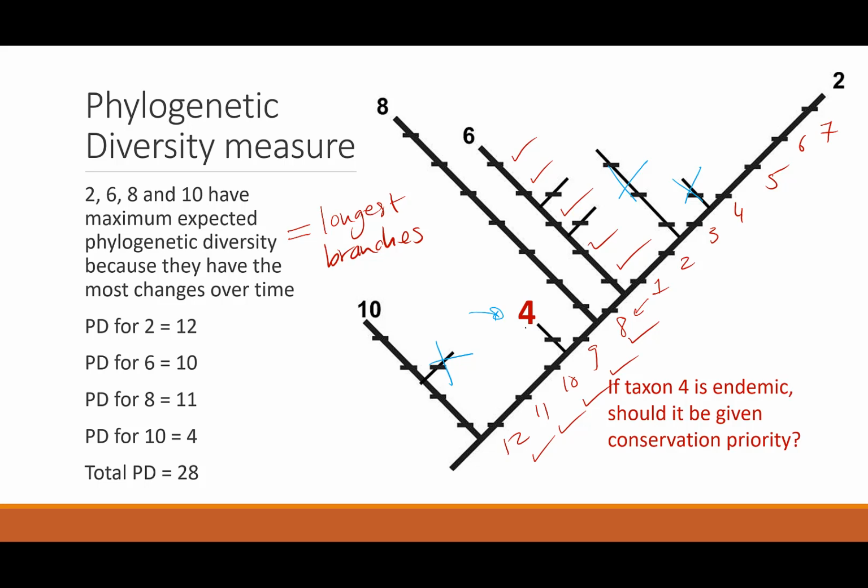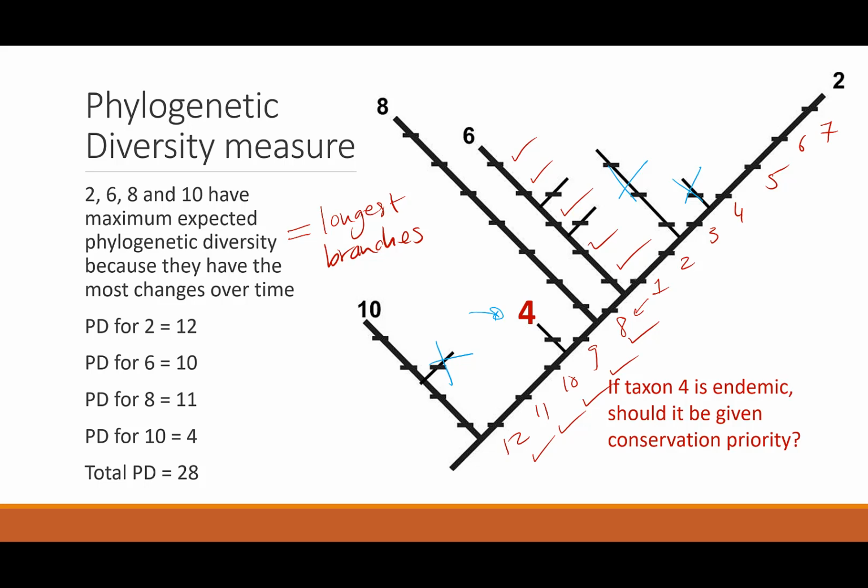So let's say that we have species 10, 8, 6, and 2, as well as 4, and we have to choose which one should get conservation priority. For which one should we come up with some conservation plans, measures, public education, etc.? If you compare 4 to the other species that are there, it only has 4 unique evolutionary changes, and really just 1 on its own branch.